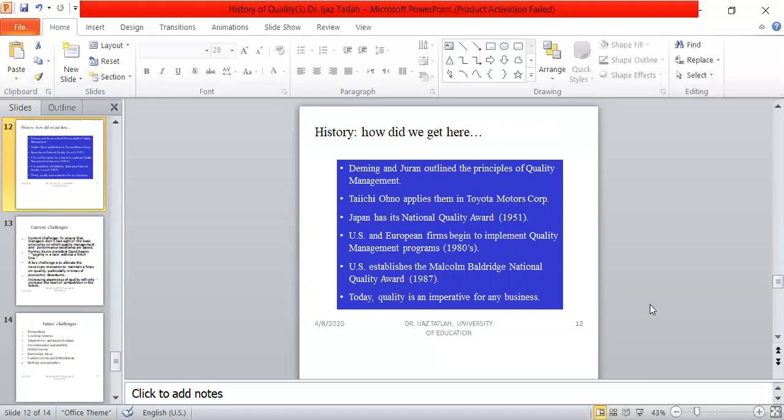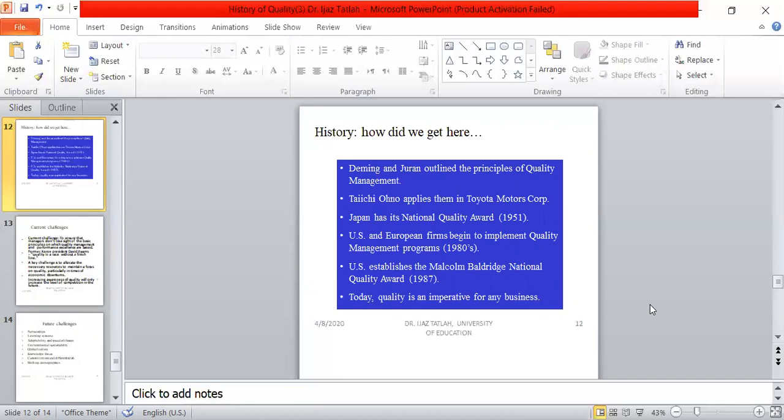Honestly speaking, towards the history, how did we get here? How did we reach the excellence models of quality that started from Deming and Juran quality management principles? Taiichi Ohno applied them in Toyota Motor Corporation. Japan has its National Quality Award in 1951. Professor Deming.